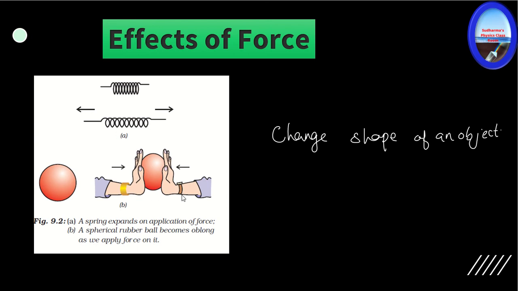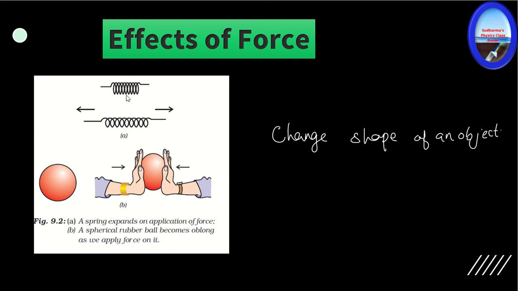If you apply a force from both directions, you can see that the dough gets squeezed. Otherwise, if you are rolling the chapatis, initially it is in the form of a ball or a sphere. Then we start rolling the chapati. We are applying a force on this object, so the shape of that object is changing. We make it into a circular disc, right?